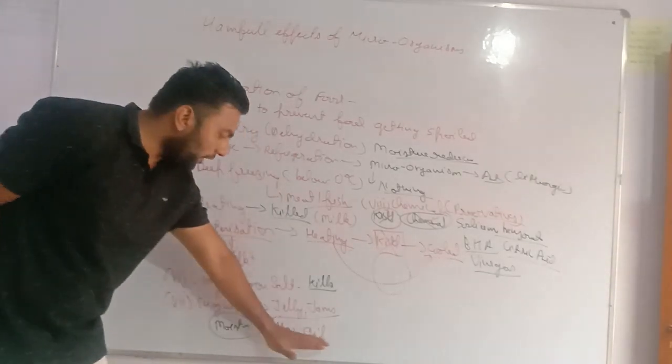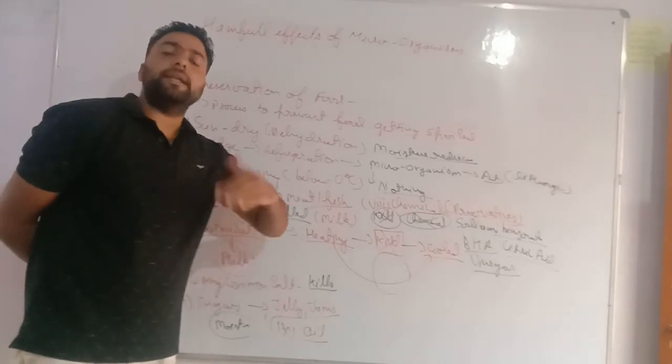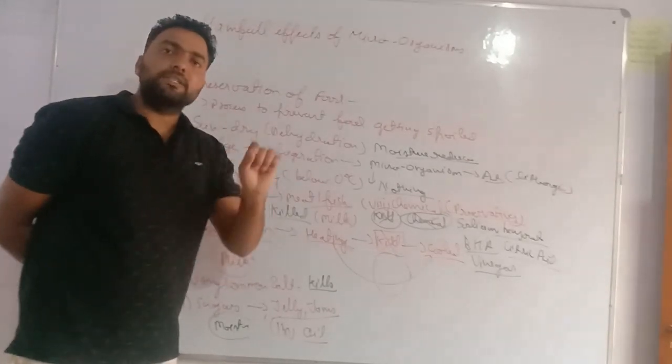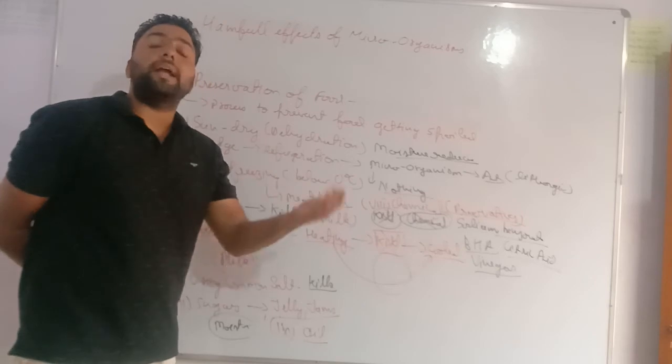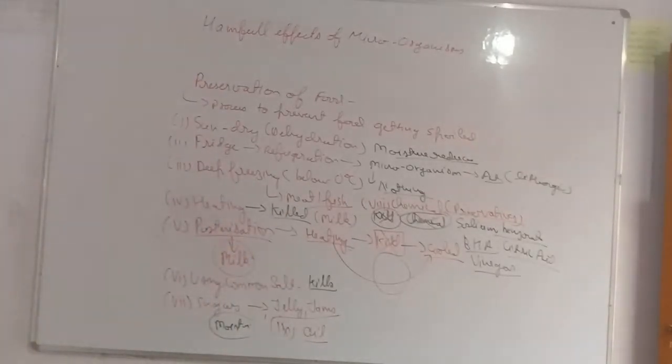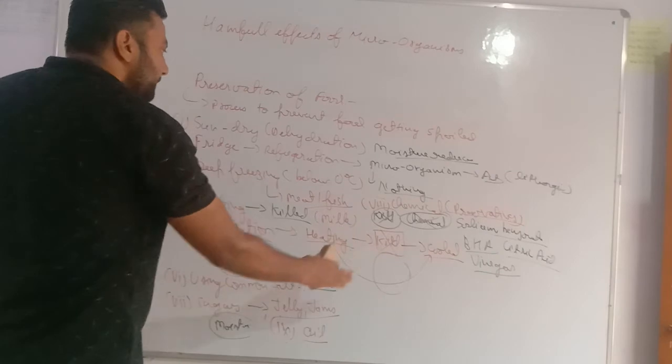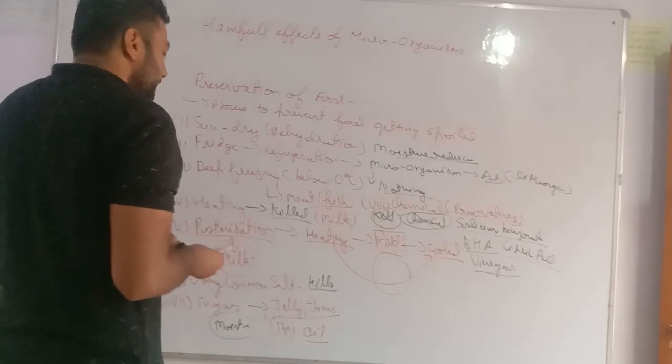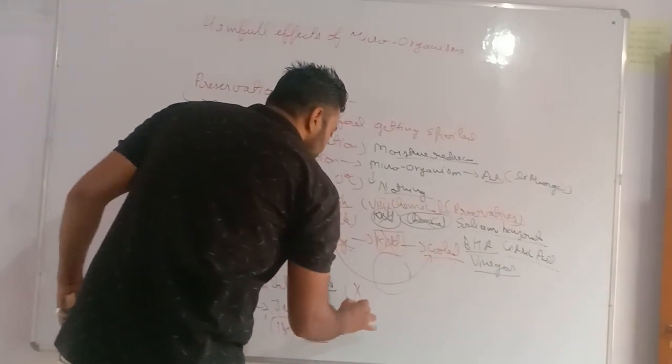Why? This oil reduces the rate of decomposition and does not allow microorganisms to act upon our food, and our food is preserved. These are all the common processes followed for the preservation of food.